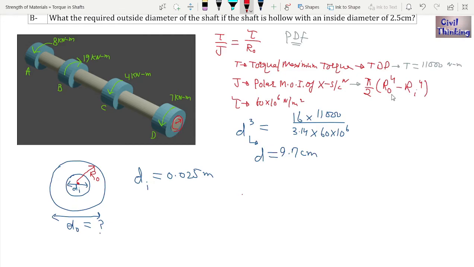Outside radius minus inside radius, their power 4 minus inside radius power 4, multiplied by pi by 2, okay?